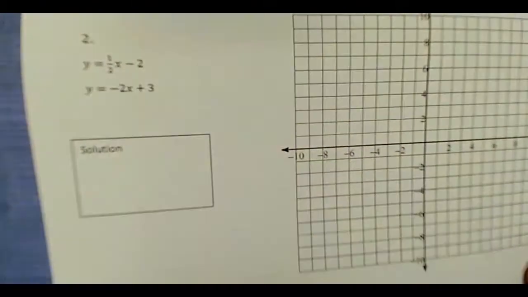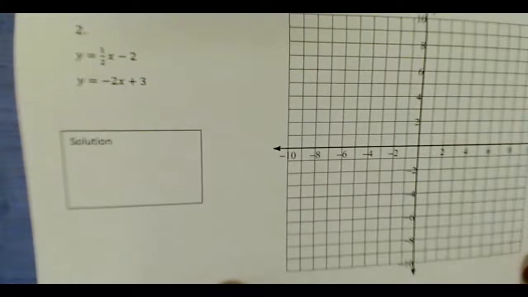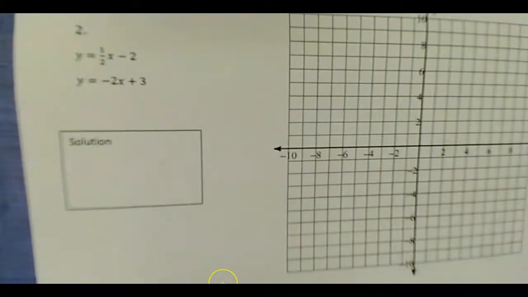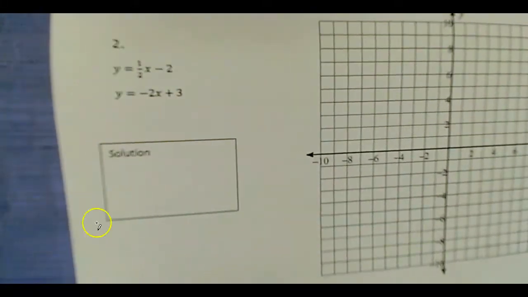Okay. The next example. Negative 1, that's not a negative, that's positive 1/2 x minus 2 and negative 2x plus 3.